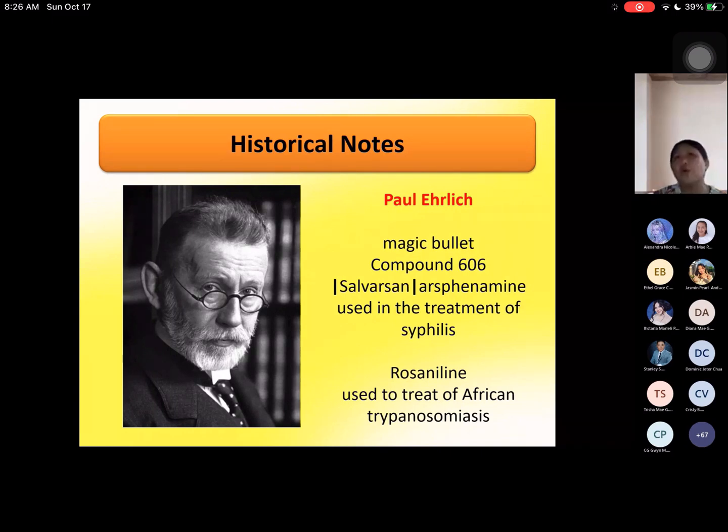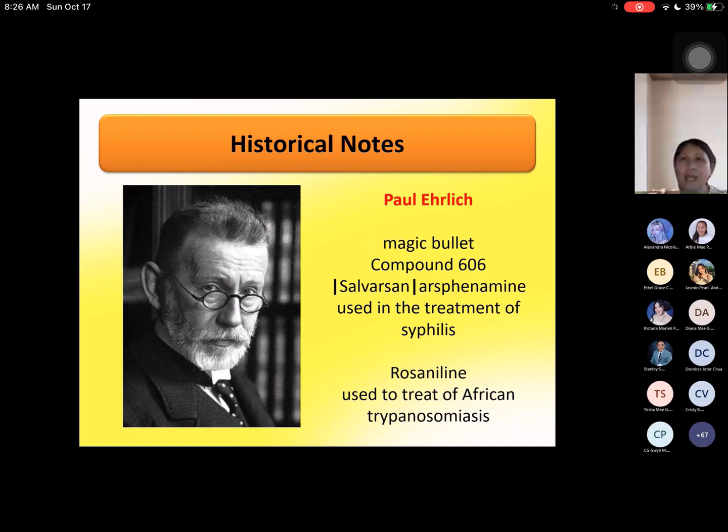The birth of modern chemotherapy is because of the work of Paul Ehrlich. He is credited for his efforts in the 1800s.